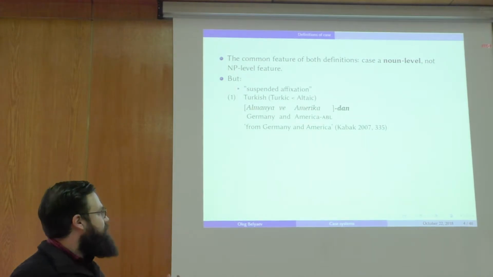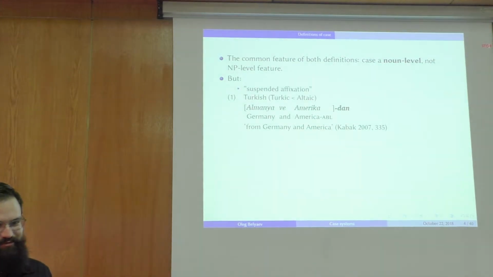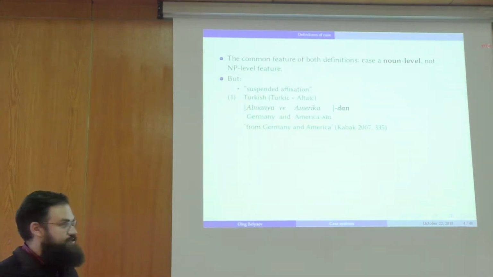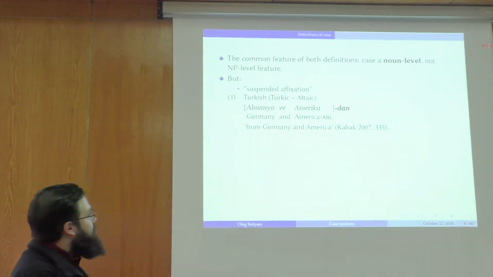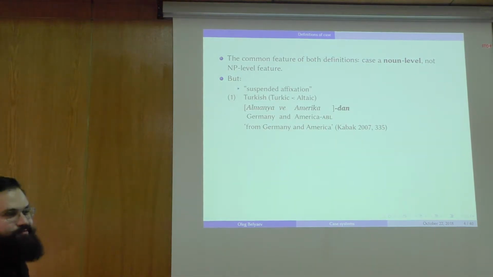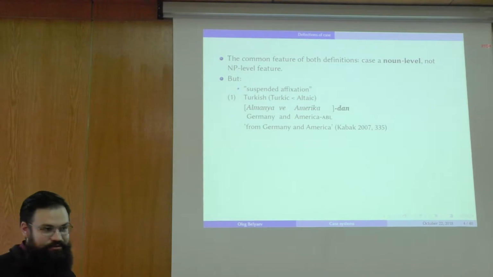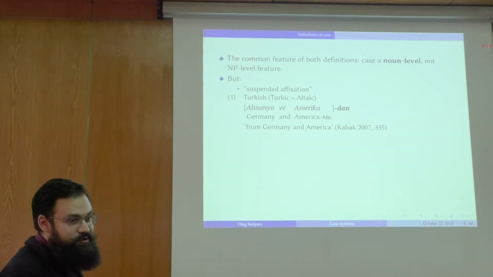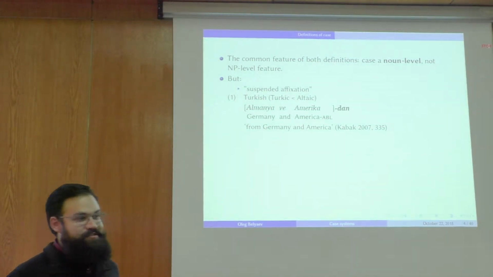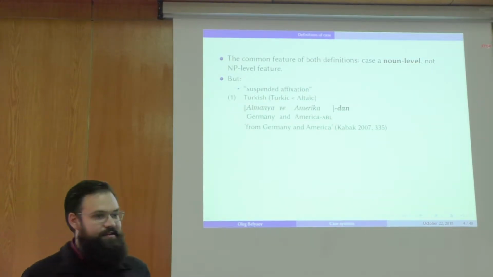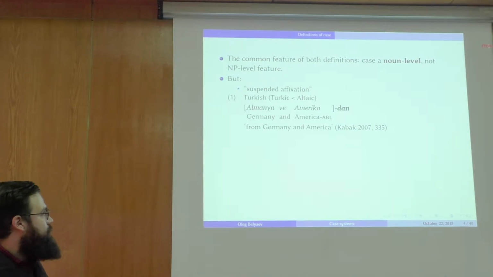So it is presupposed that apparently the normal situation is when you repeat the case on both conjuncts, but in many languages, especially agglutinating languages such as Turkish, you only put case on the final. Well, and you can put it on both conjuncts as well, but the typical situation, and perhaps the more frequent situation, is when the case marker only appears at the end of the whole coordinate phrase. So this kind of speaks against the idea that case is a word level feature, because here it clearly occurs only once after the whole NP.